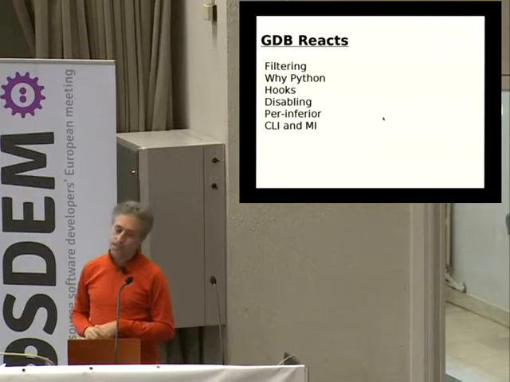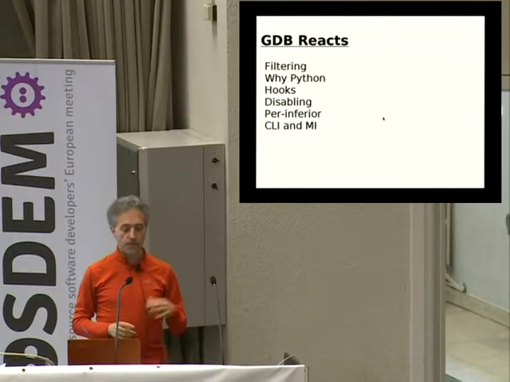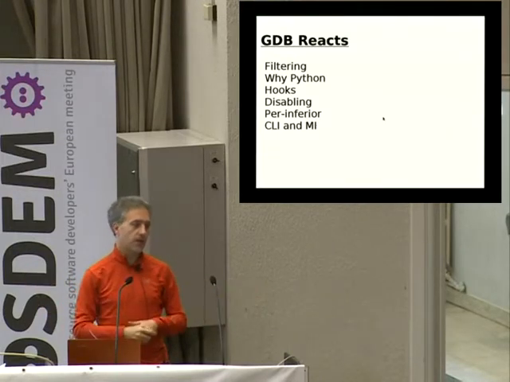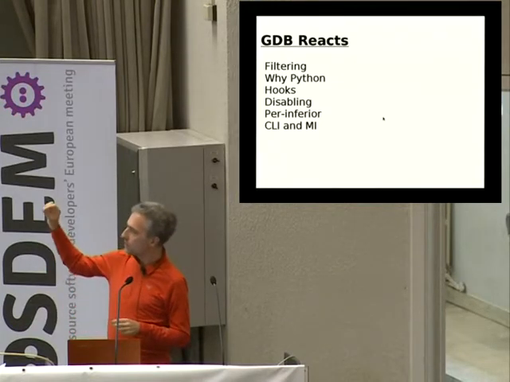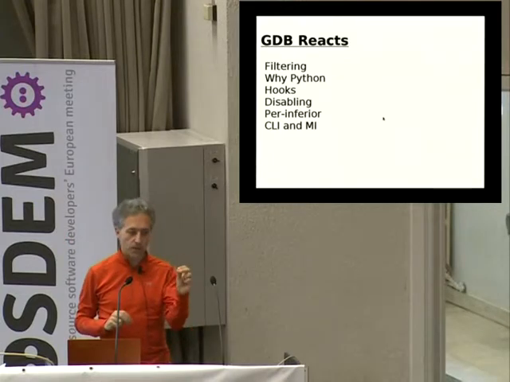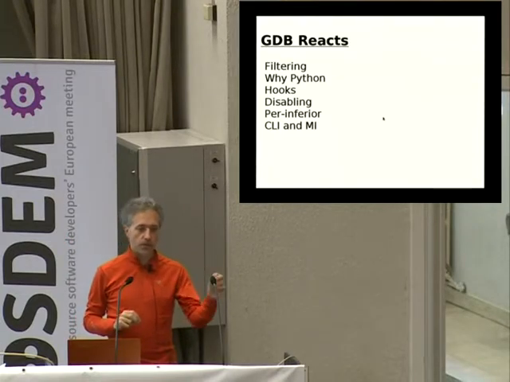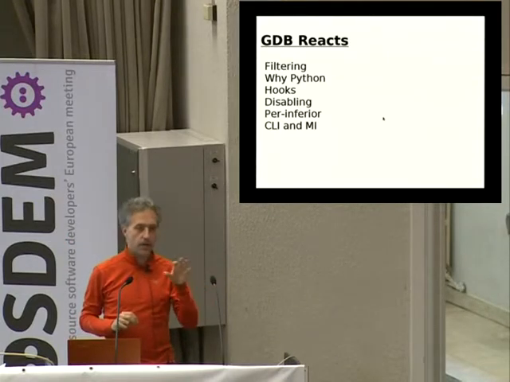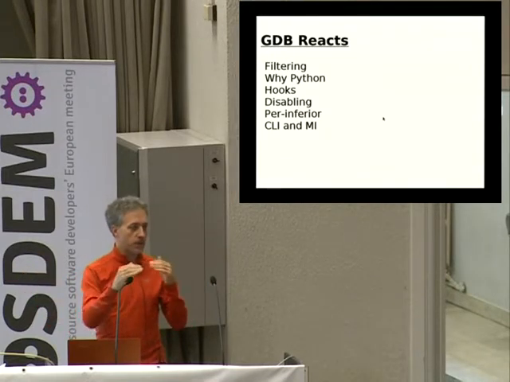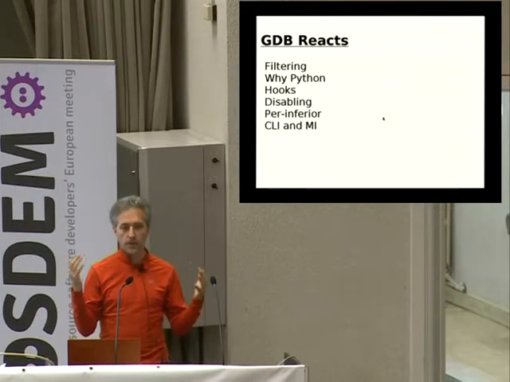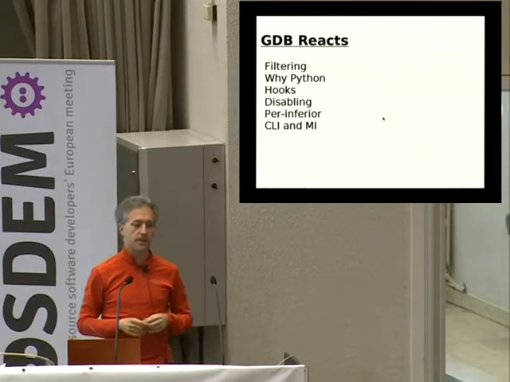Things in GDB are per inferior, that means if you're debugging multiple programs at once, which you can do in GDB, little bits of Python code that are associated with your program are enabled in the programs that use that library or that application and disabled in other ones, so that when you switch contexts, you don't get confusing results.